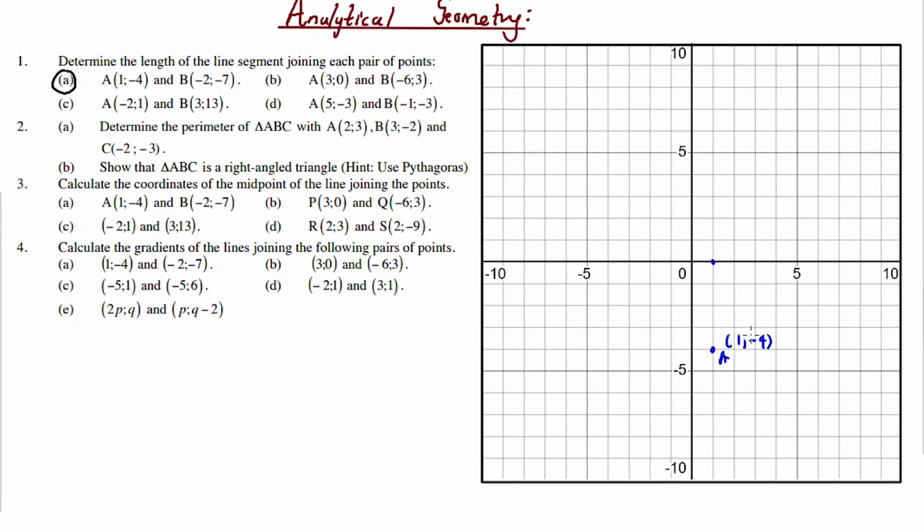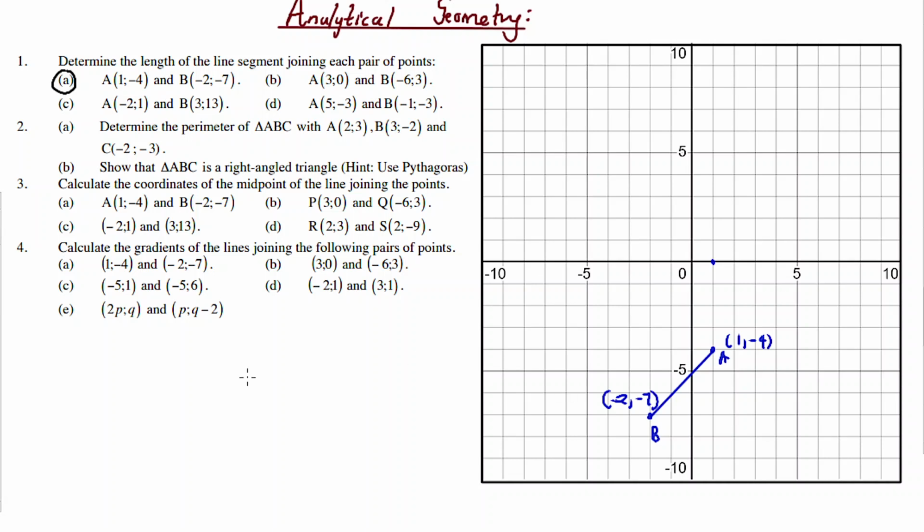And then point B is minus 2 and minus 7. 1, 2, and 7 is 5, 6, 7. This is point B, minus 2 and minus 7. Let's connect the 2 points. It's line segment A to B.